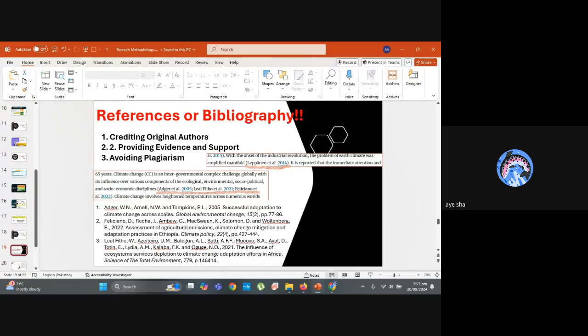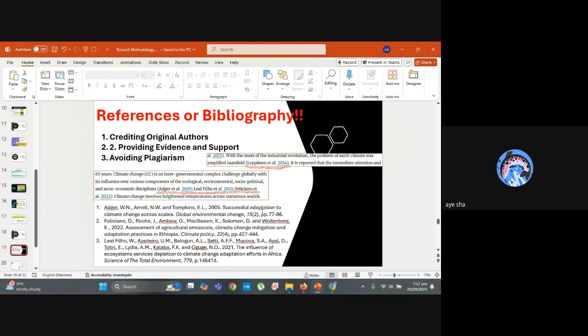So if you are taking any information, any data set, any definition from not a single source but multiple sources, obviously you have to provide all of these in that particular order. Now keep that in mind. We have two types of order if we want to cite more than one author. One is the chronological order. As you can see here, the 2005 one comes first, then 2021, and then 2022.